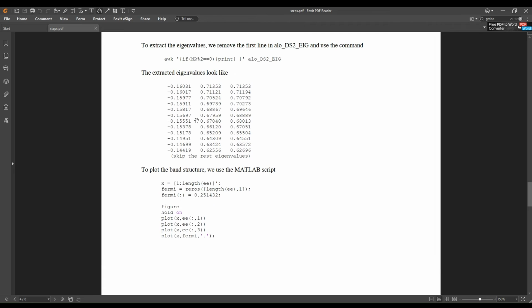By giving these 3 columns of data to the EE variable in MATLAB, I can plot the band structure by using this MATLAB script.